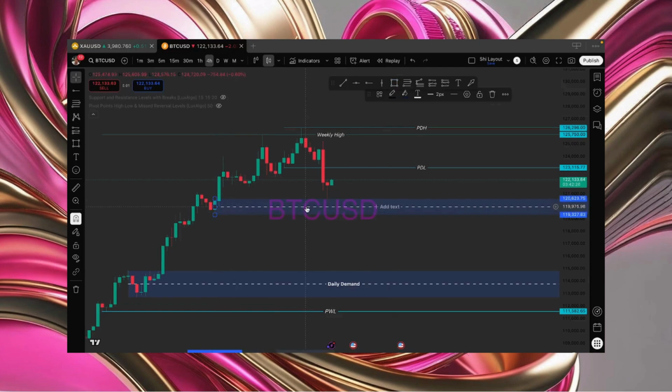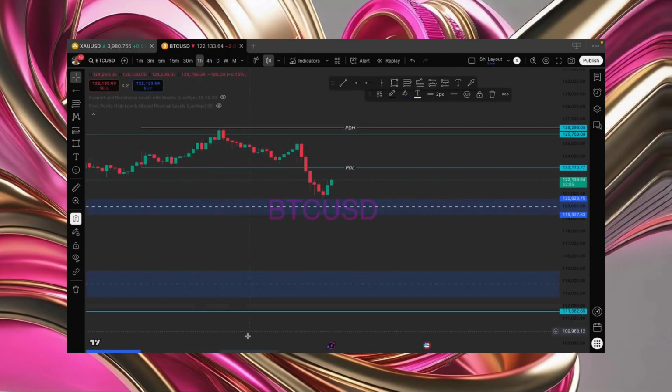Now, typically how I trade from supply and demand is I like to see a tap into my zone, and then I also like to see rejection out of that zone followed by momentum.